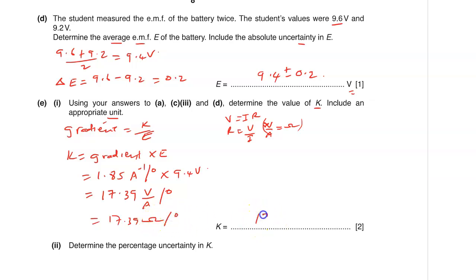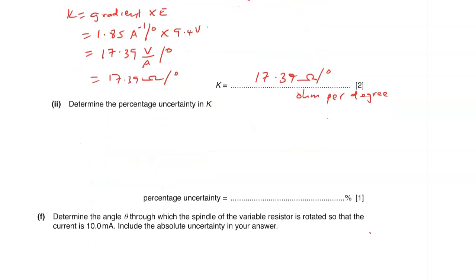So you write here 17.39. We need an appropriate unit. Ohm per degree. So this is basically ohm per degree in words. So there we have our K.